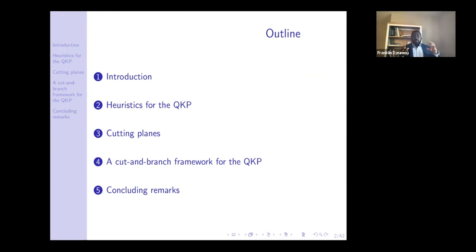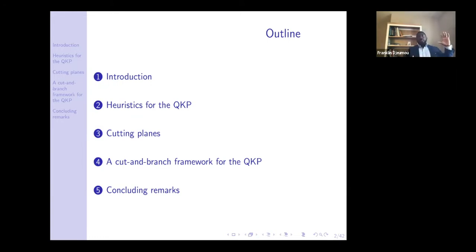Most of the successful algorithms use the branch and bound framework. So if you want to do a branch and bound framework to solve this kind of problem, you need a heuristic algorithm. You need to solve the continuous relaxation, which once you solve, you can use cutting planes to have good quality of your relaxations, and then you can throw everything into a branch and bound framework or a cut and branch.